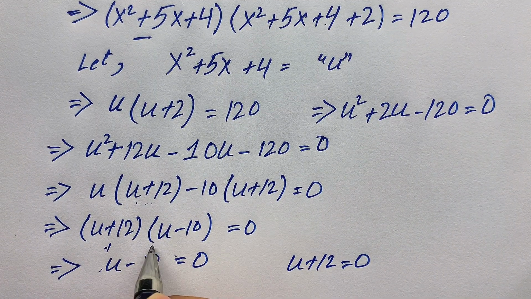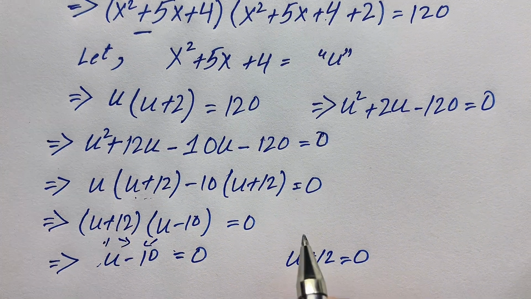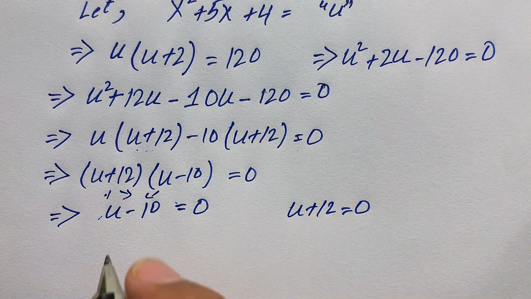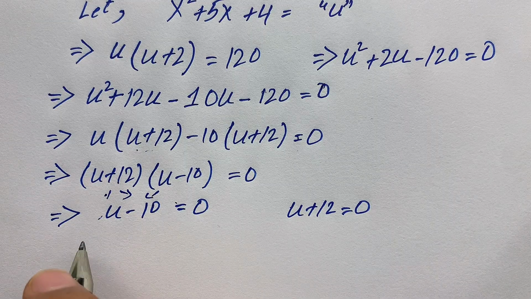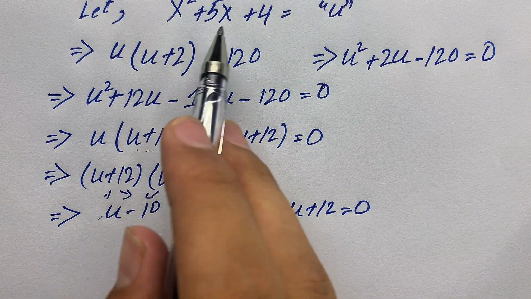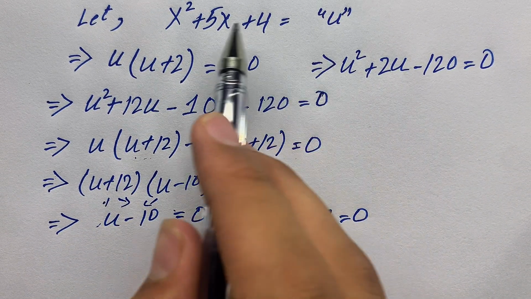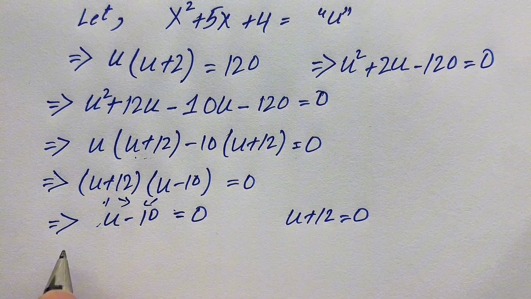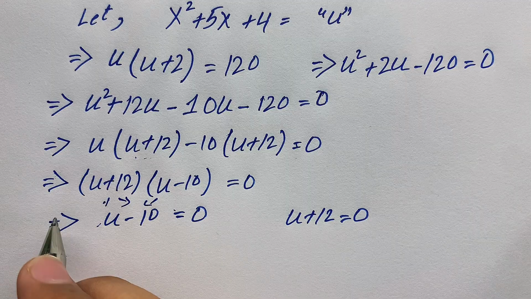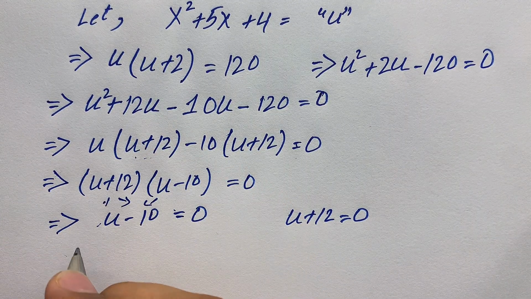This side and this side. So now we write this: let u is equal to x square plus 5x plus 4. Now we are recalling this equation.